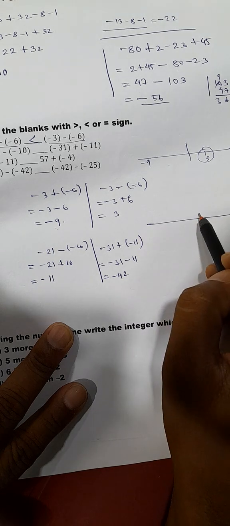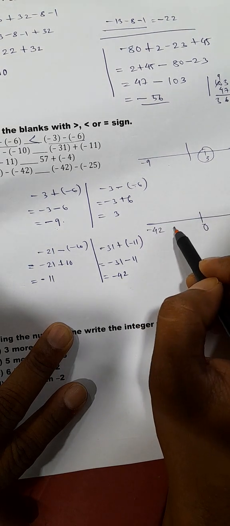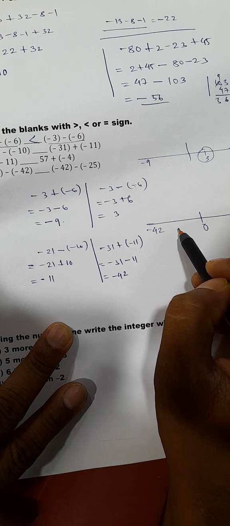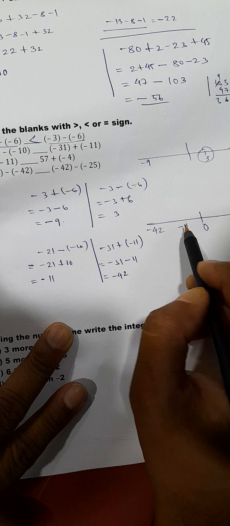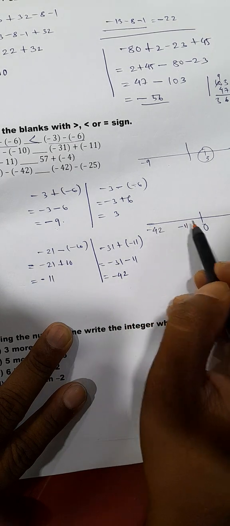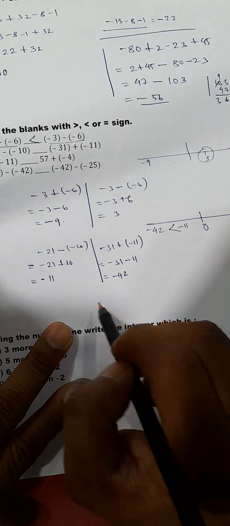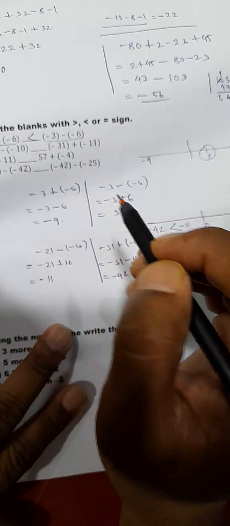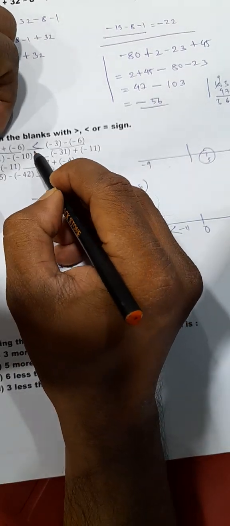Now on the number line, -42 will be towards the left side of -11. -11 will be on the right side and -42 will be on the left side of -11. That means -42 is less than -11. So what do we find? The left hand side is greater than the right hand side.